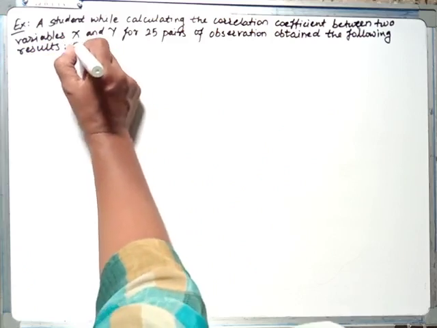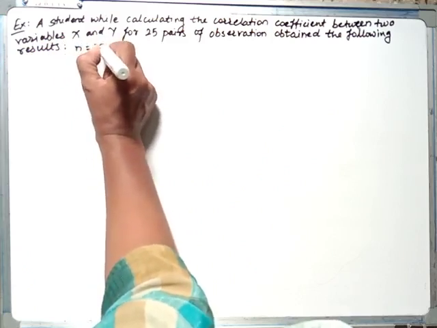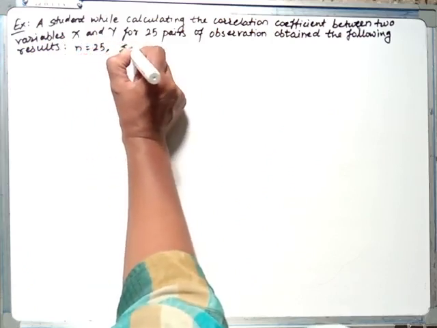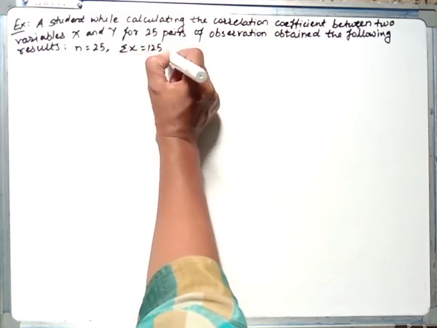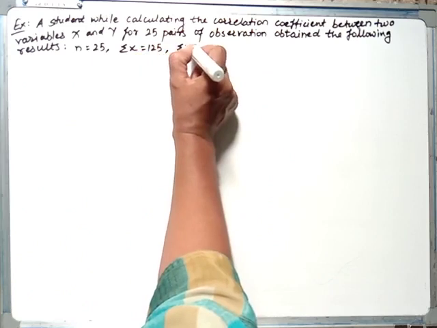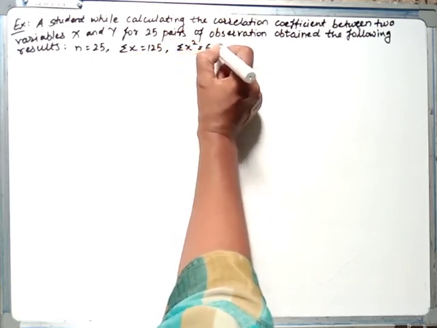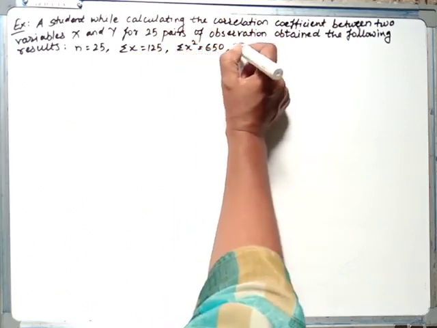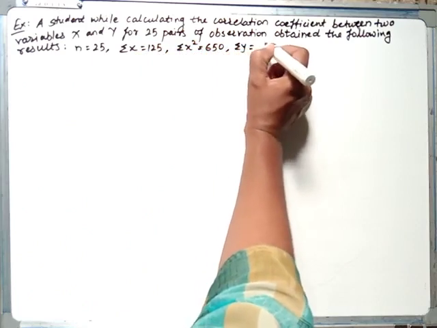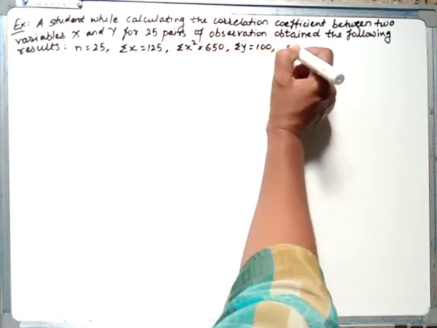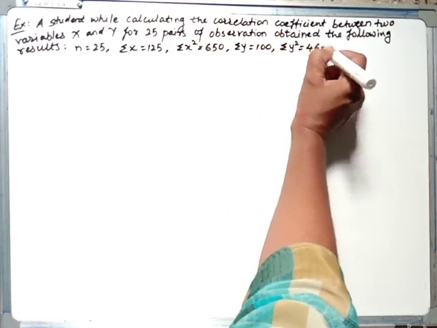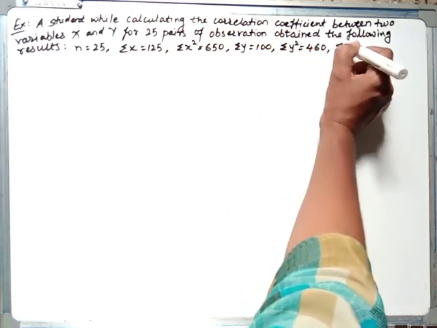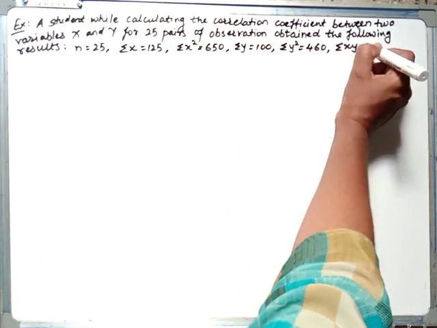The results are n is equal to 25, summation x is 125, summation x square is 650, summation y is 100, summation y square is 460, and summation xy is 508.